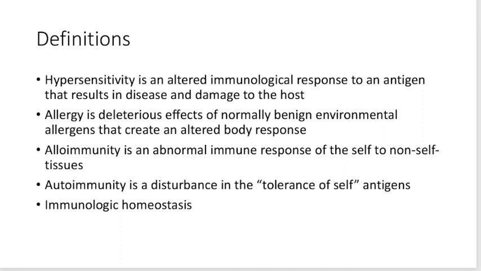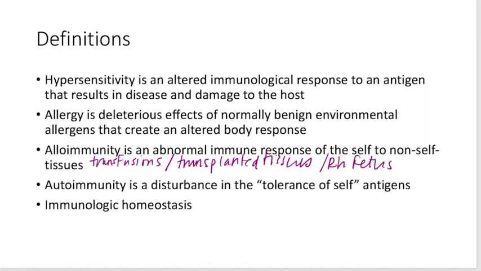Alloimmunity is also termed isoimmunity, and this occurs when the immune system produces a reaction against tissues of another individual: transfusions, transplanted tissue, or Rh factor with the fetus. The mechanism that initiates the onset of the hypersensitivity, whether it is allergy, autoimmune, or alloimmunity, is not completely understood, so we don't know what that is.